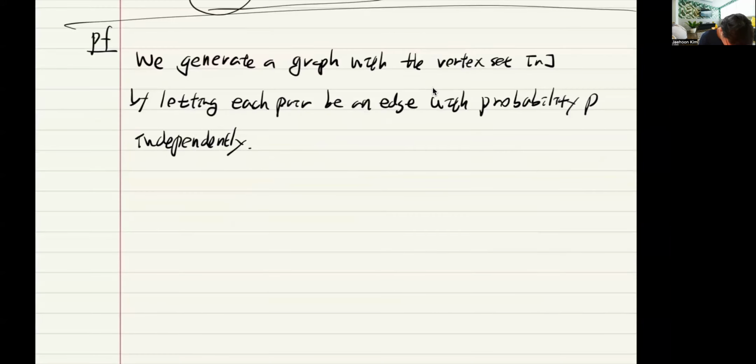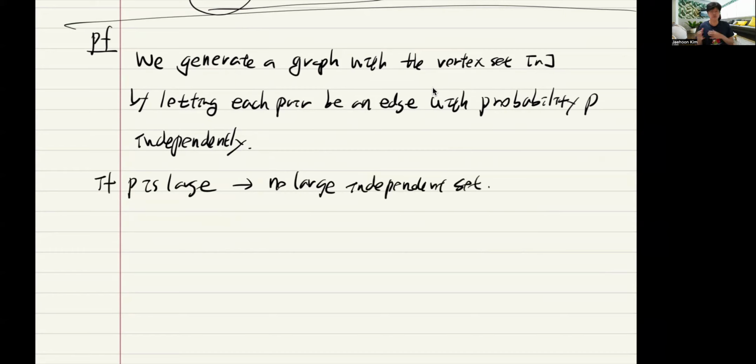Then what's the intuition? If p is large, then there is no large independent set. Intuitively, it's clear: if we add more edges, then the largest independent sets shrink. No large independent set means the chromatic number is large.